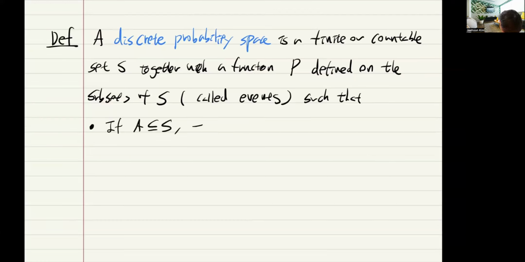So whenever we have an event A, the probability of A happening is at most 1, and the probability of the entire space is 1.